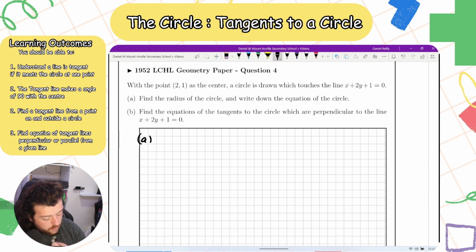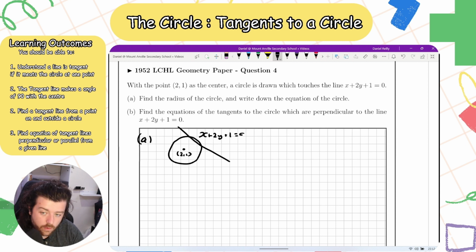Write down the equation of the circle. So this is my circle. This is my line. My line is x plus 2y plus 1 equals 0. This is my center point, 2, 1. I know the perpendicular distance will be equal to my radius.